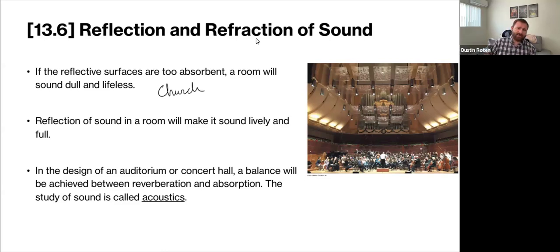On the other side of this, reflection of sound in a room will make it sound lively and full. So there's a reason, like in coffee shops, if there's not a lot of stuff hanging on the walls, you'll get a lot of reverb, and coffee shops will sound very lively.